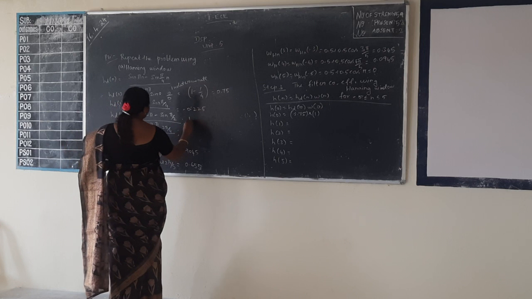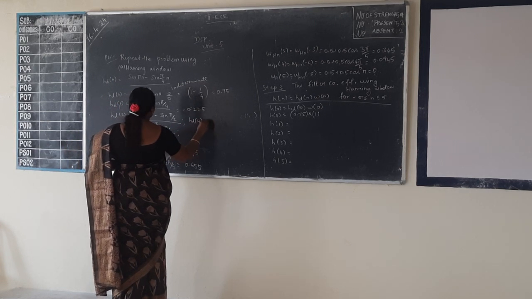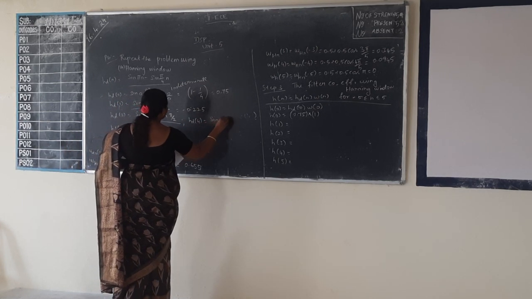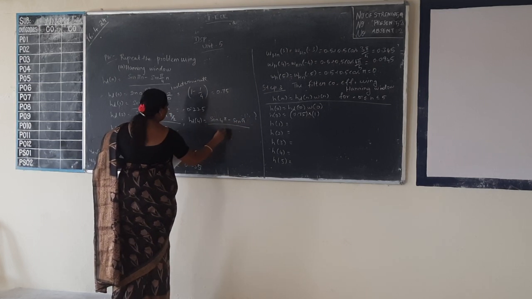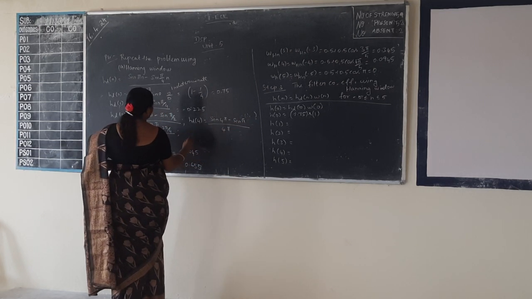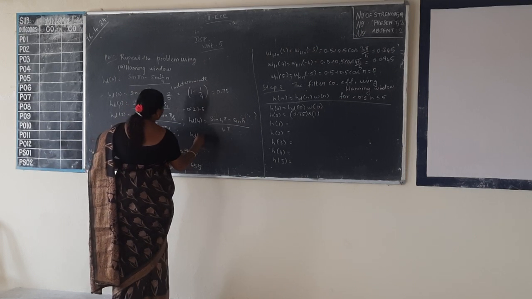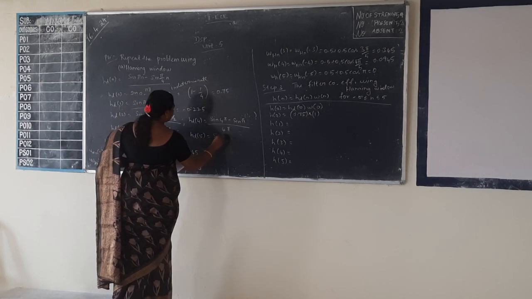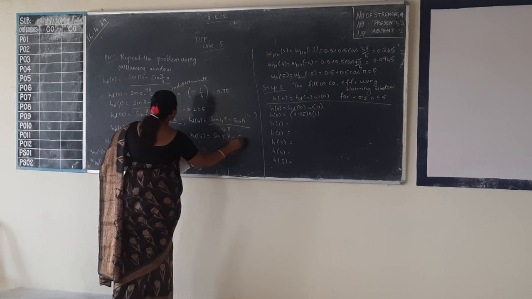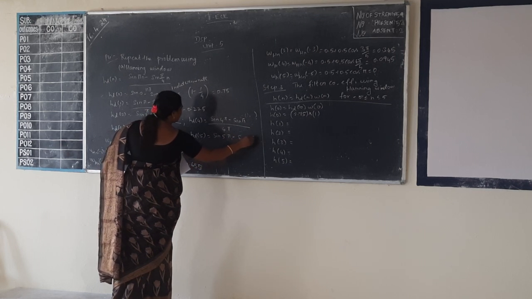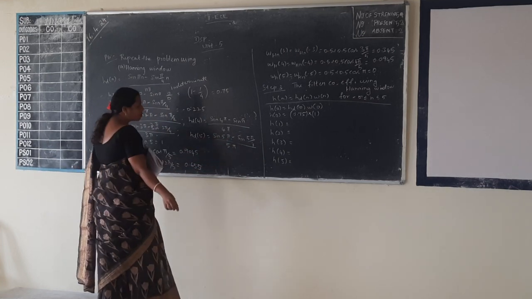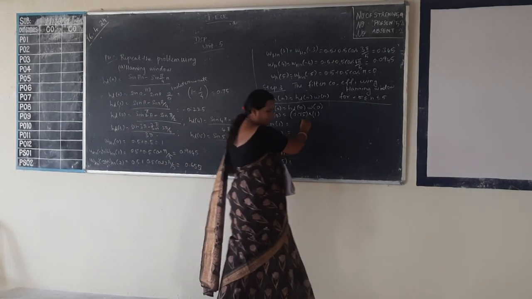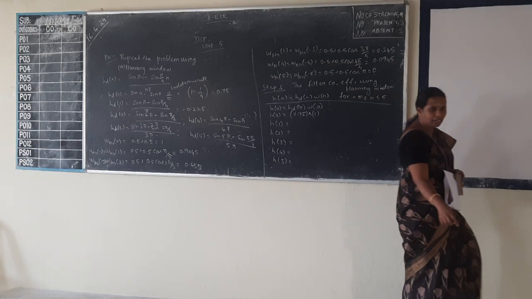H of 4: sin 4 pi minus sin pi divided by 4 pi. H of 5: sin 5 pi minus sin 5 pi by 4 divided by 5 pi. Find all those values and substitute here. Multiply these two and find out the answer.